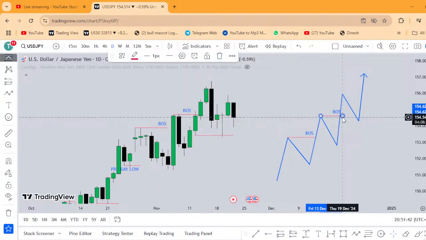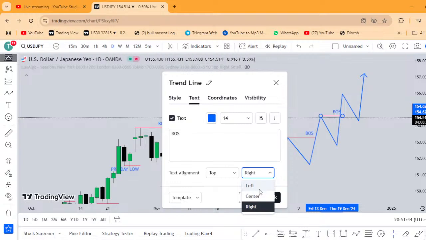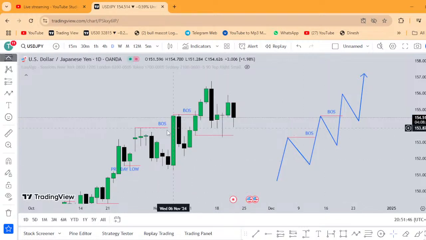I hope you know what the BOS is. BOS is simply when we break those highs, the swing highs. When you break above with a candle body, not a wick, there has to be a body close above here. It shows a BOS. The price has broken structure.